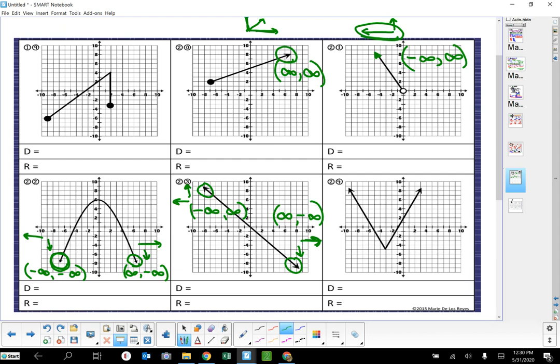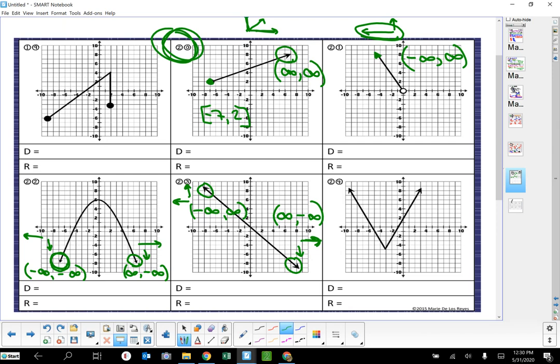So now let's take a look at actually doing some of the domain and range. Let's go back to problem 20. This guy up here, we did not identify this point, but that point is with a bracket, -7, 2. Okay.